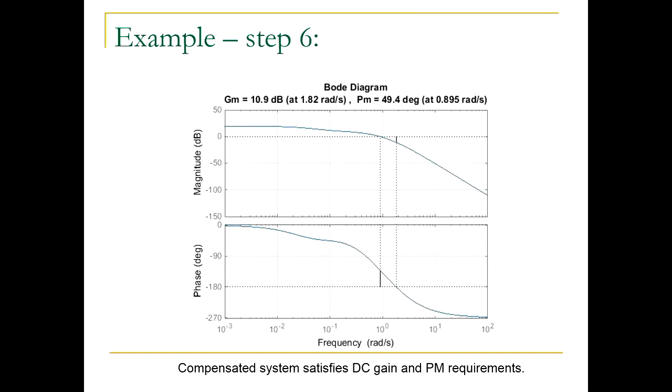I added the plant and compensator plots, and this is the outcome. Note that in this case you have the phase margin to be 49.4 degrees, right? And it is at a lower crossover frequency than the uncompensated system.